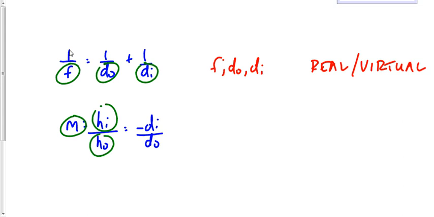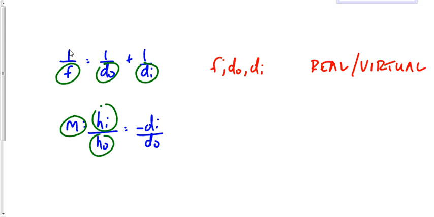And then for the diverging lens, we had smaller, upright, and virtual for all of them. So 6 times out of 10, we have a virtual image or a negative di. 3 times out of 10, we have a positive di because we have a real image. And 1 time out of 10, we have no image whatsoever. So if you have to guess, guess a negative di, because 6 times out of 10, you're right there. Does that make sense?